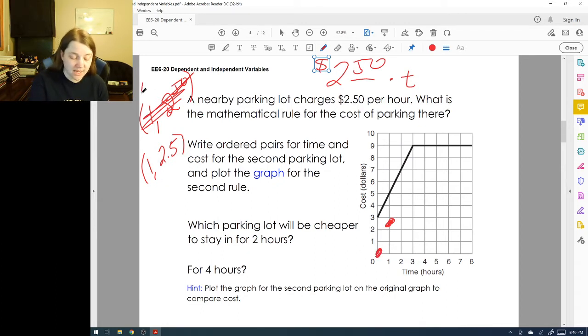Doesn't cost you anything for that. 2 hours means you're going to get charged $2.50 twice, which is $5. So we're going to go up to 5 here.